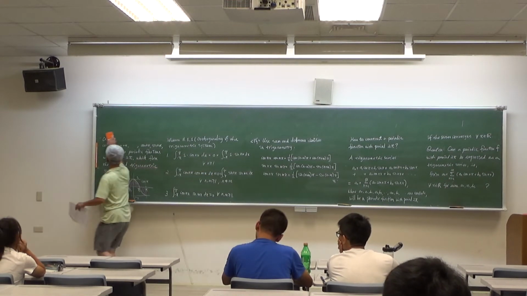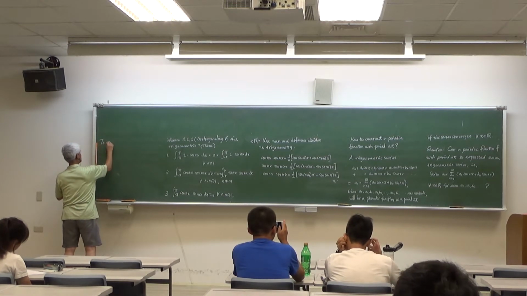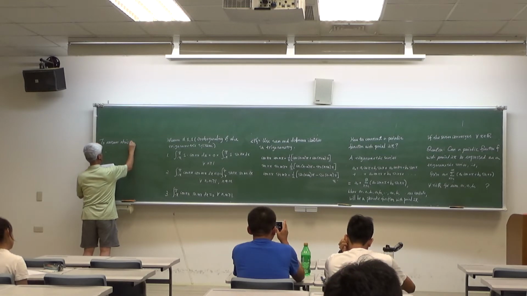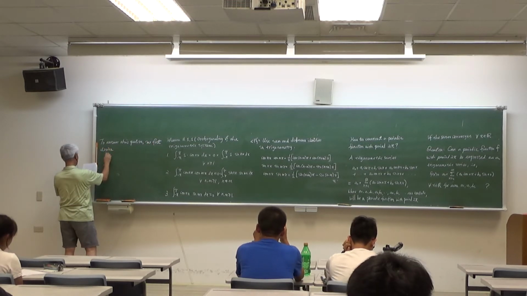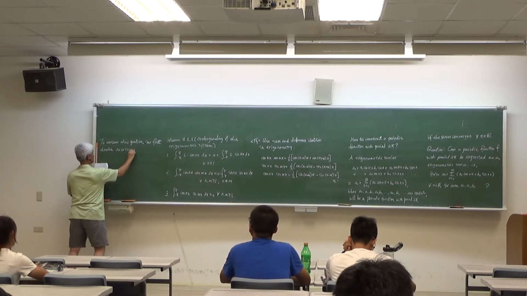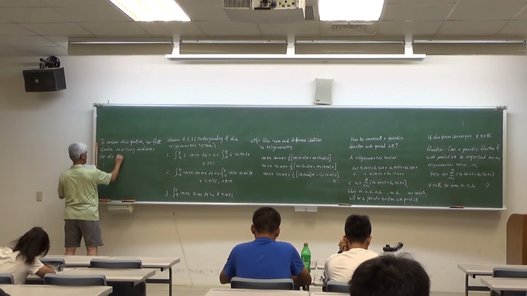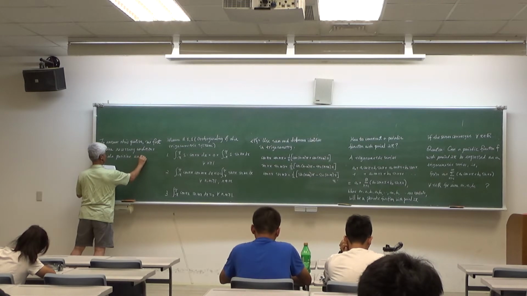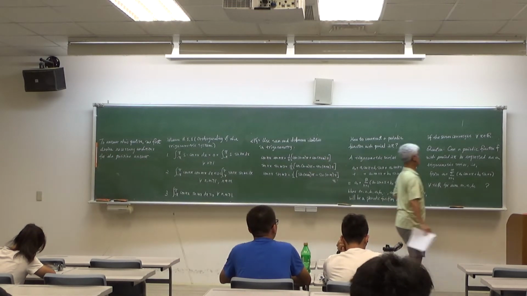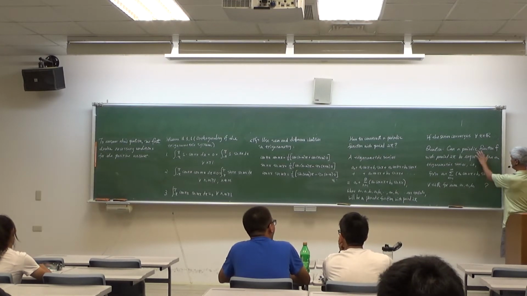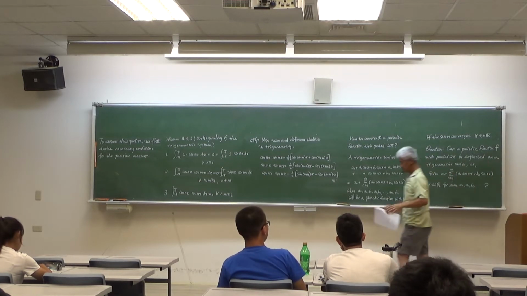So to answer this question, we first derive a necessary condition for the positive answer. So we want to derive the necessary conditions. So we want to know what is the necessary condition for a periodic function of period 2π to be represented by a trigonometric series. Okay, so what is the necessary condition?